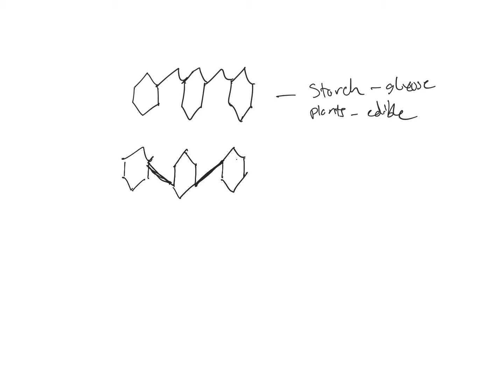So if this is one tip of the glucose, this is the same one for starch. What happens in cellulose is they get inverted from each other. And so the pattern is repeating, but it's opposite.